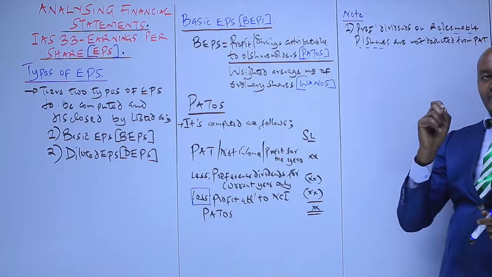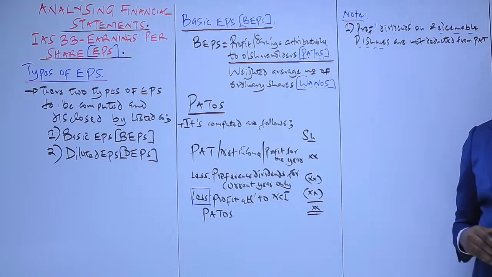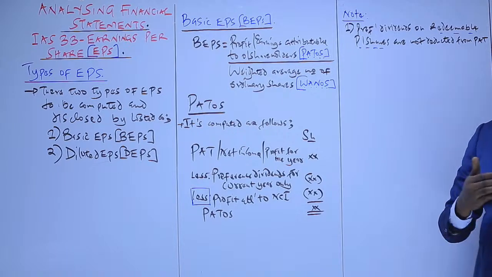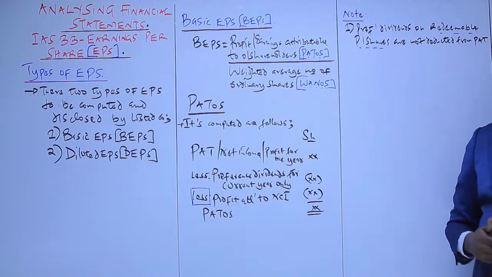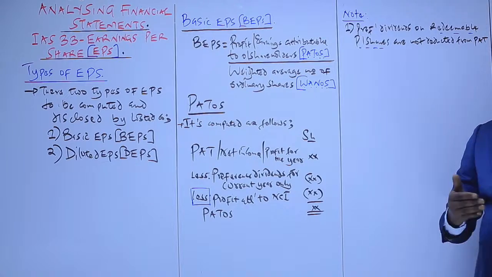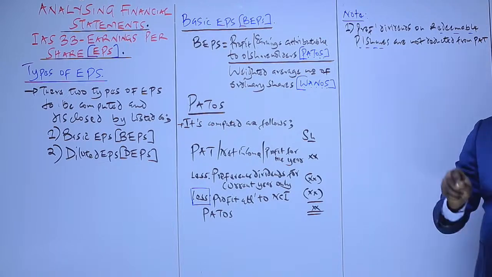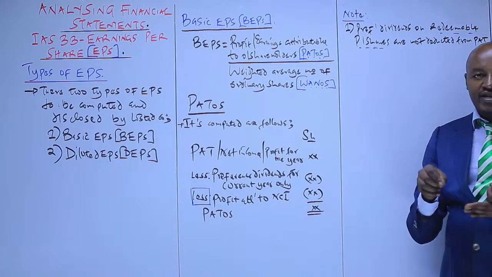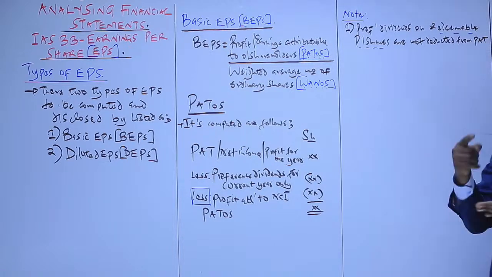They are preference shares issued by the company, but they will have to be redeemed after a given period of time. These redeemable preference shares are like debt capital. In fact, when the company is preparing the statement of financial position, redeemable preference shares are classified as part of non-current liabilities. So therefore, their dividends are classified as part of the finance cost.